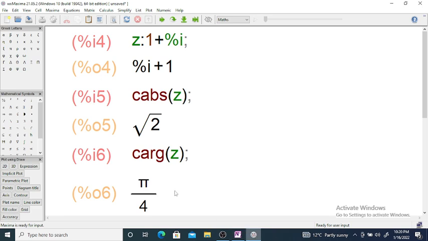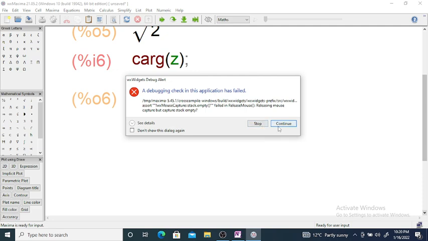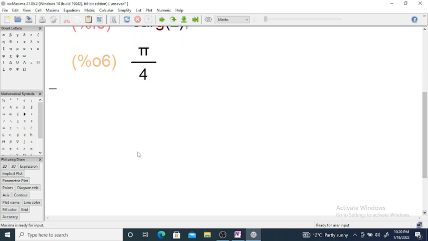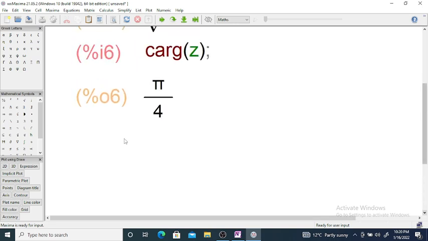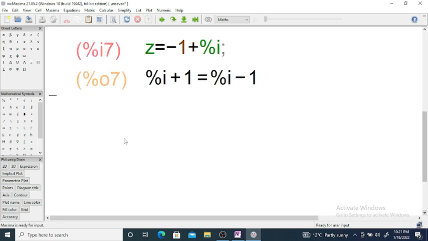So here you can check, if we take one more complex number, say z is equal to minus 1 plus i, the given complex number, and then I want to assign the complex number. To assign, just use a colon.